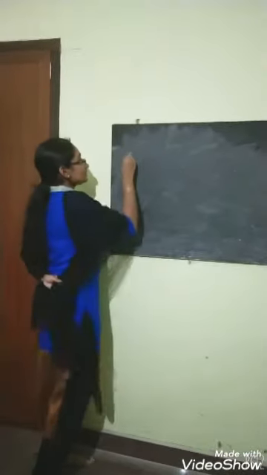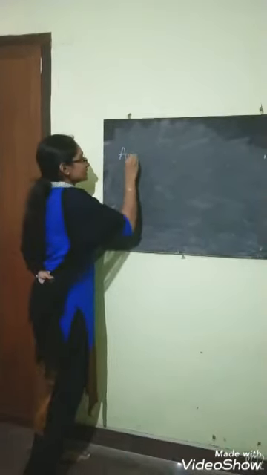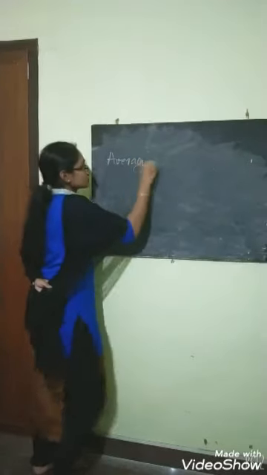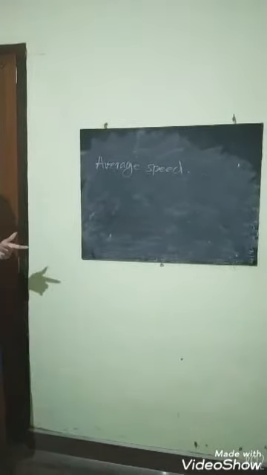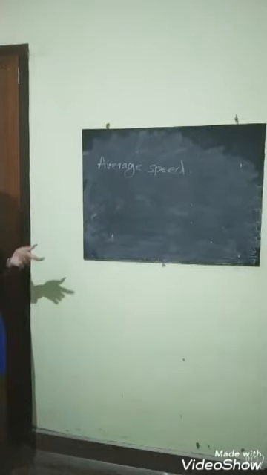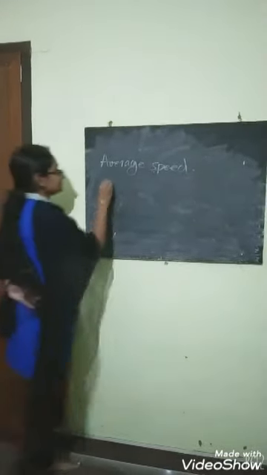Now, the next thing is that in the last class we discussed average speed. It was the average taking of speed. Now we are going to find the equation of average velocity.